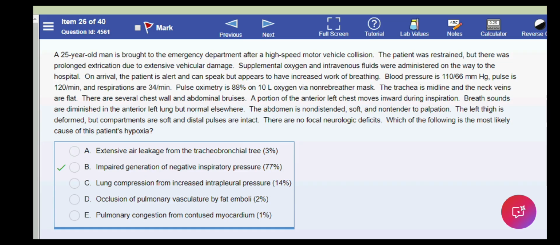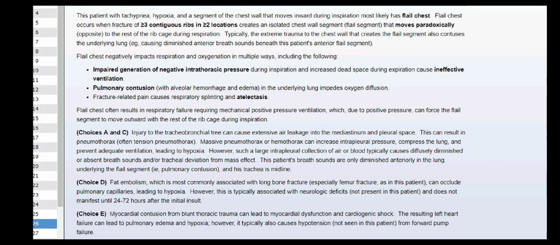Because when the normal pressure goes, the ribs go out, the diaphragm goes low, so we have a bigger size, and this bigger size could cause low or negative pressure. This negative pressure takes the air from the outside.